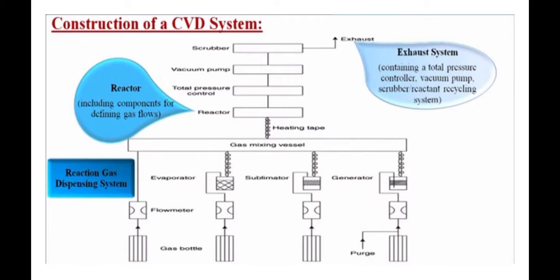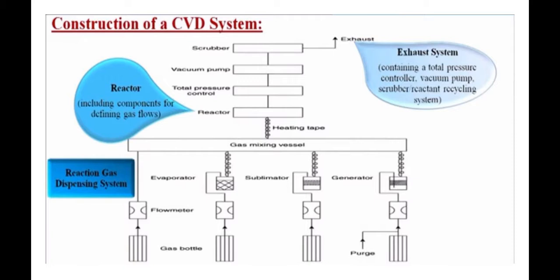If there is some kind of impurity, it can remove those impurities. Not only that, there is a flow meter by which we can control the flow of those particular gases onto the substrate itself. Then at last we plunge it onto the substrate, or into the system.